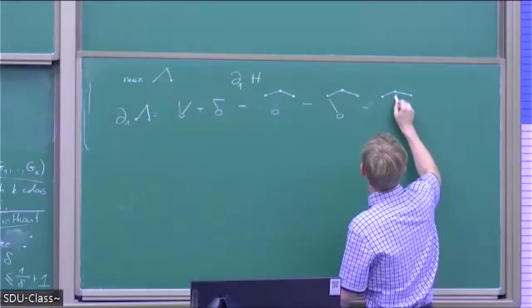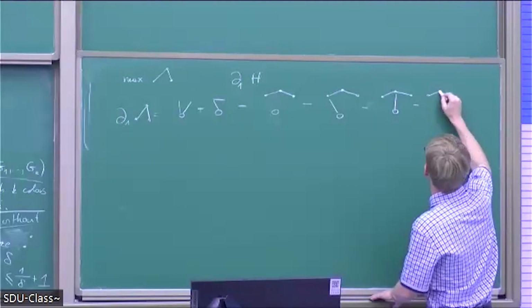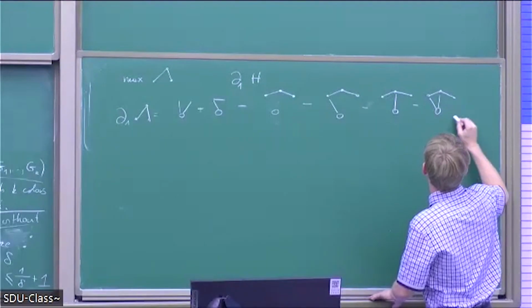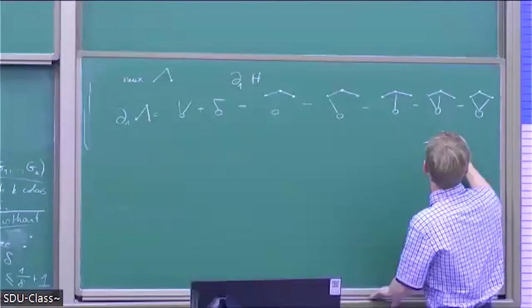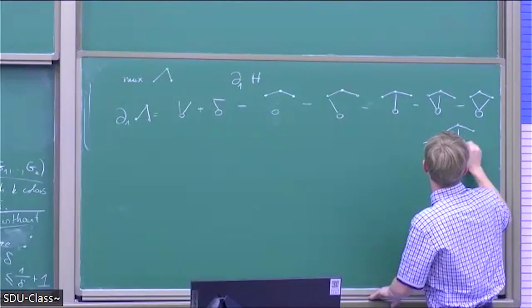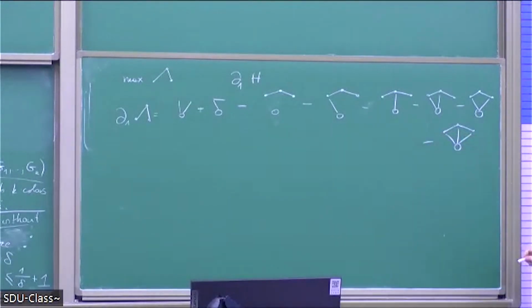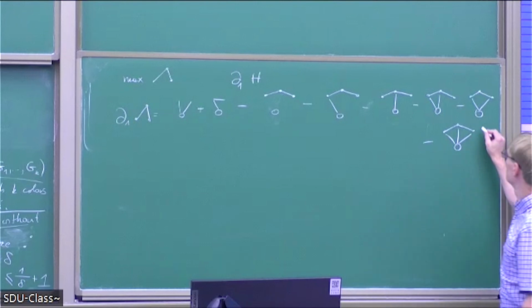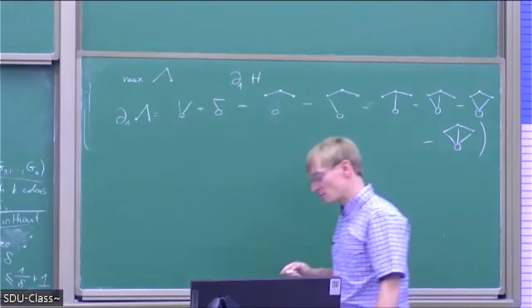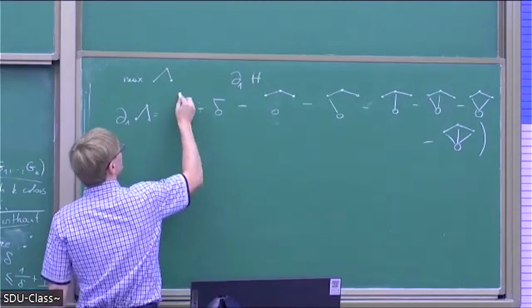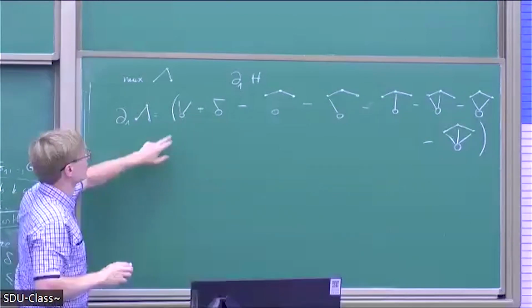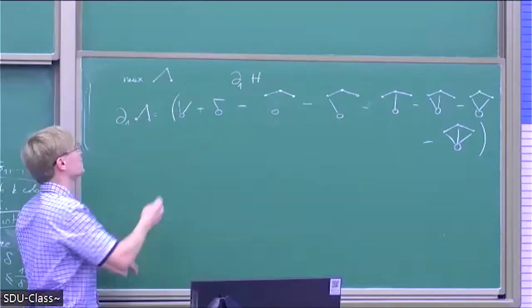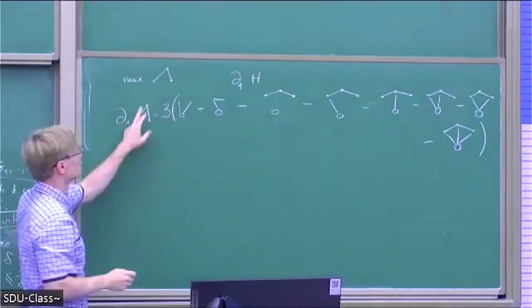So it can have just a single edge, two edges, or all three edges. Everything else is symmetric. And because of some normalization issues, this is multiplied by the number of choices of the root in this graph. It's always the number of vertices.